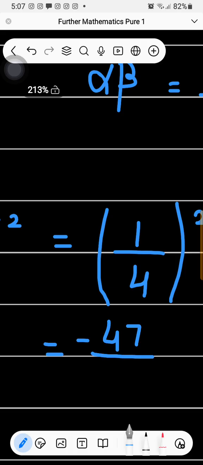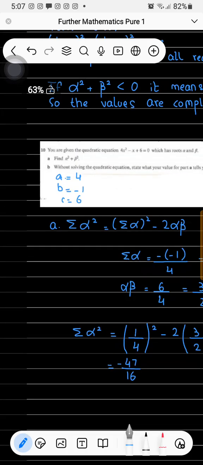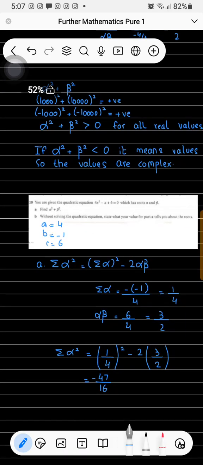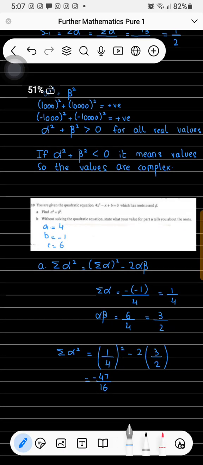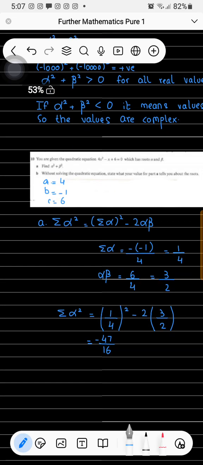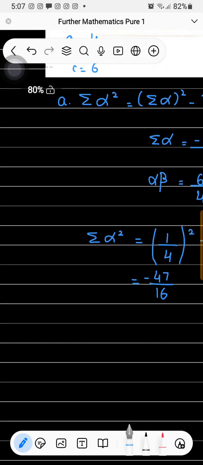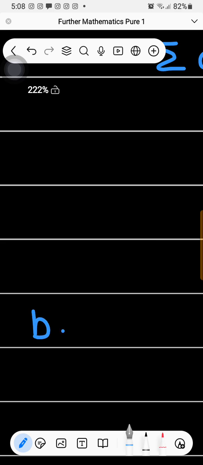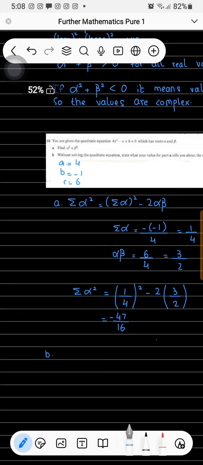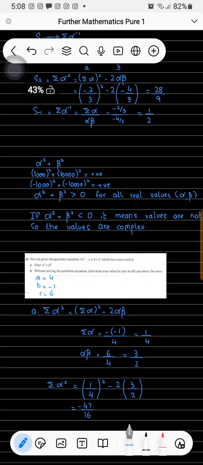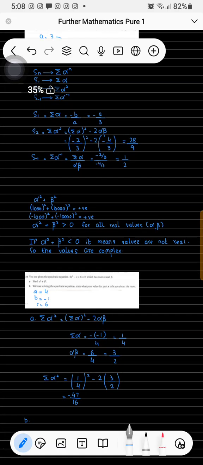so that's our answer. In part B, it is asking, without solving the quadratic equation, state what your value for part A tells you about the roots. Part B. As we had learned, when alpha square plus beta square, means sum of alpha square, is less than 0, it means values are not real. So the values are complex.